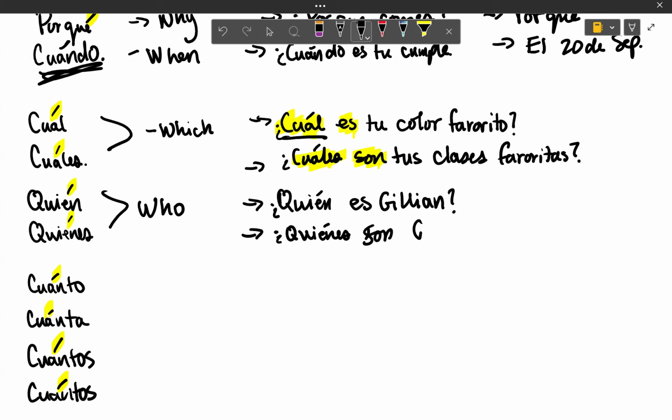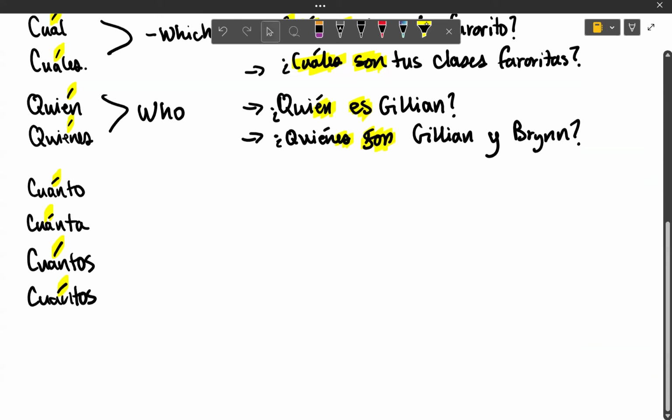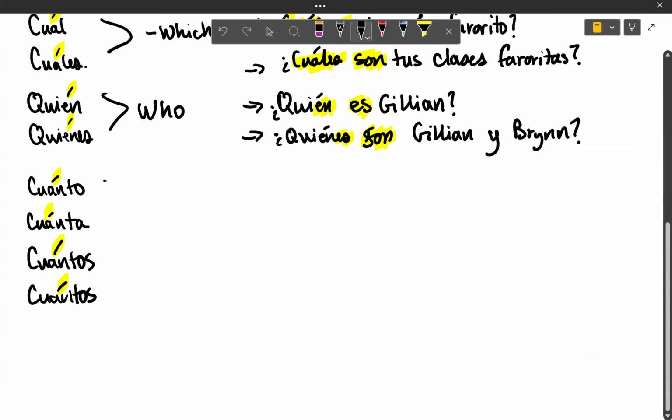Let's go with Bryn. So pause the video now and see if you can figure out why I'm using quién in one and quiénes in the other. I'm using quién here because this is singular. I'm using quiénes because what comes after it is plural, right? Just like we saw with cuál, we have to look at what comes after it to determine if it's singular or plural.